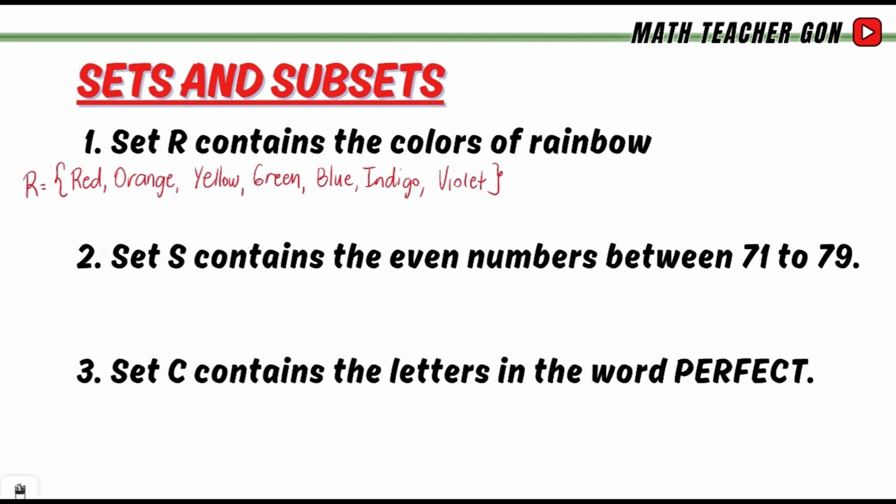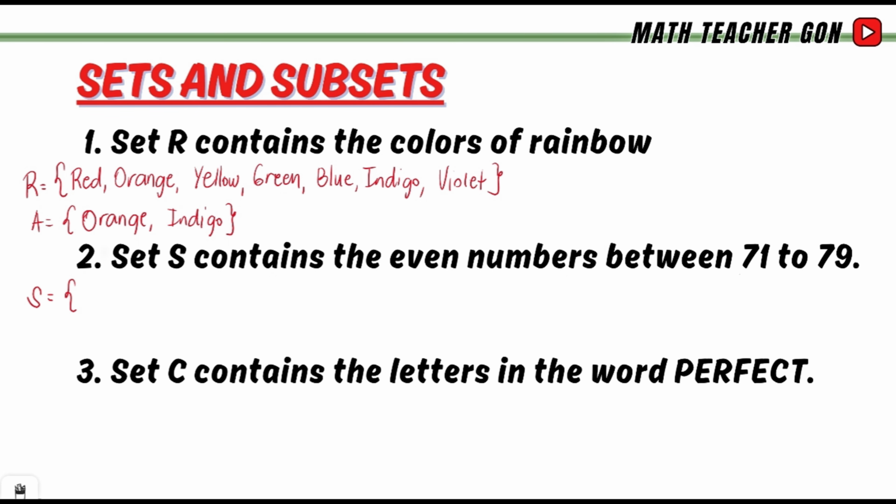Let's have a subset. Say you have A. You just pick colors from that set: orange and indigo. So set A is a subset of set R. For number 2, set S contains the even numbers between 71 and 79.